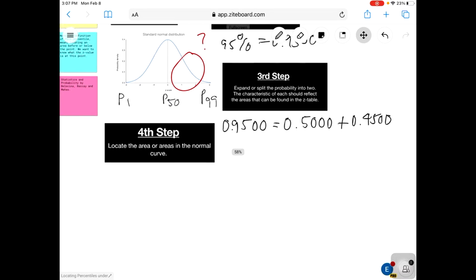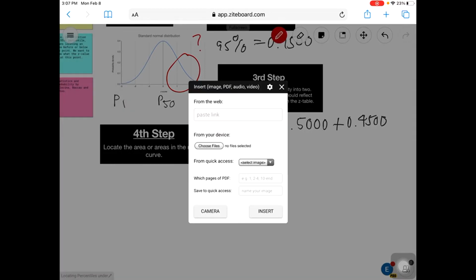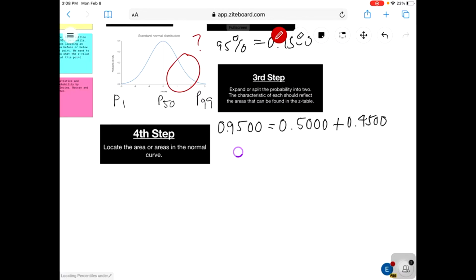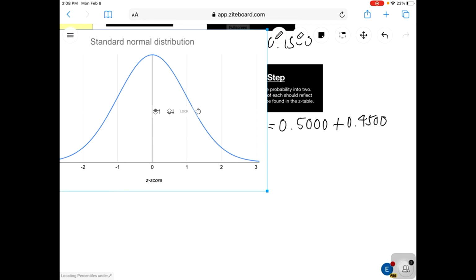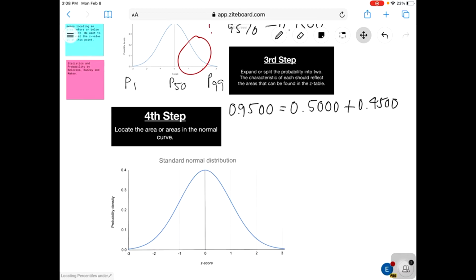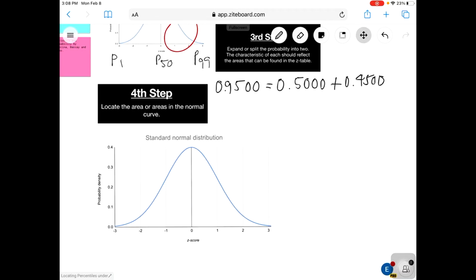Since we already expanded the probability 0.9500 to 0.5000 plus 0.4500, we have to identify where these areas are. Again, we have the first percentile, the 50th percentile here, and the 99th percentile.